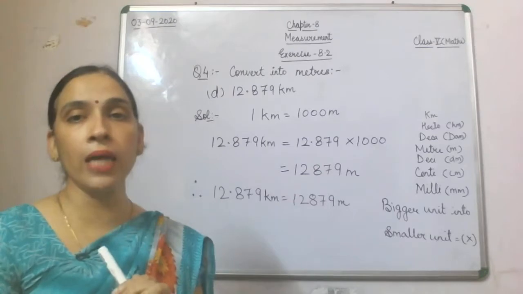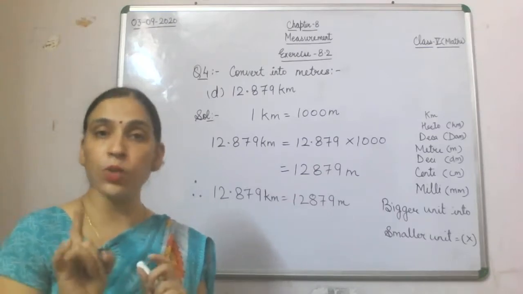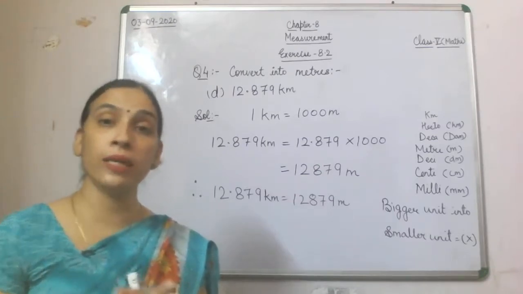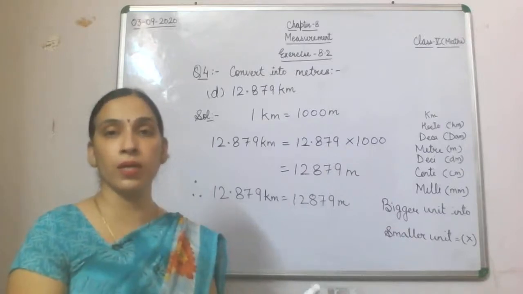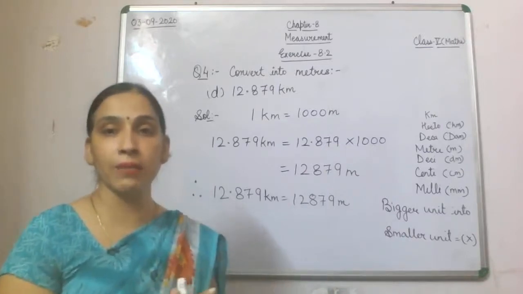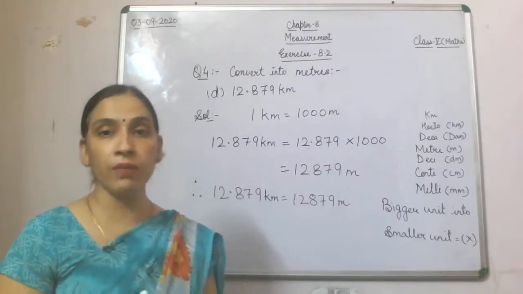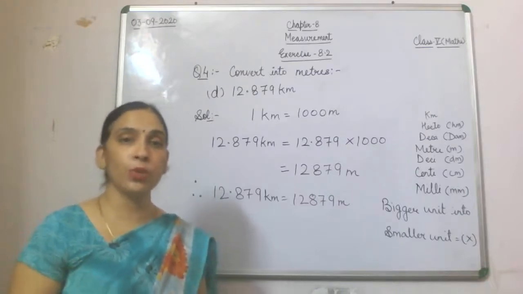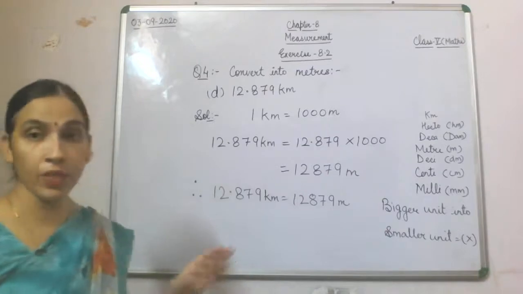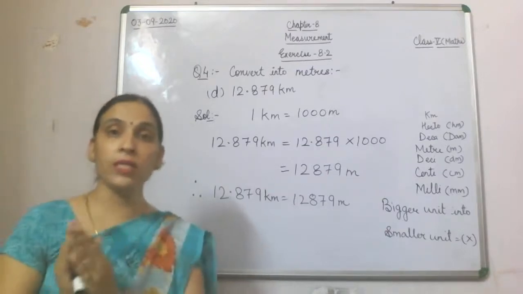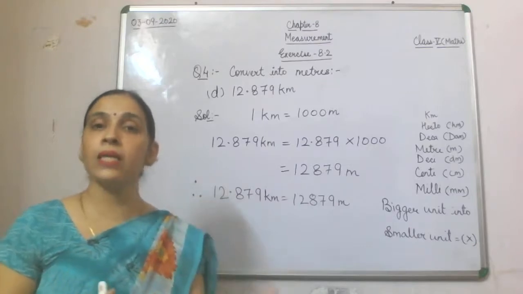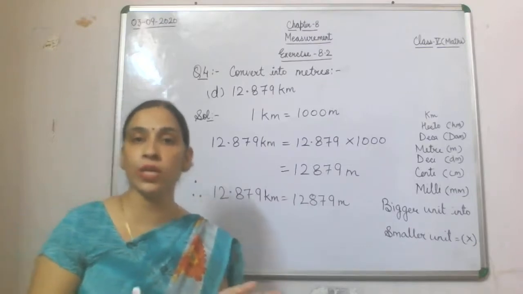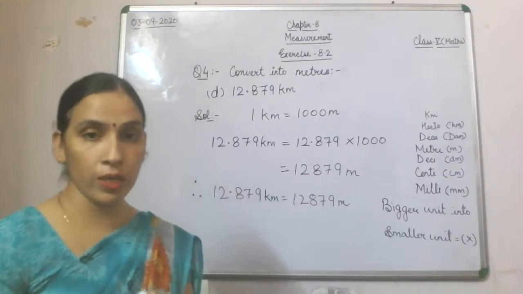Now sometimes in a question you are given a unit like this much meter, which is supposed to be converted into meter and centimeter. 2 units will be given. As I told you, in a decimal number, the whole number part is your bigger unit, and the decimal part you are going to change into the smaller unit.